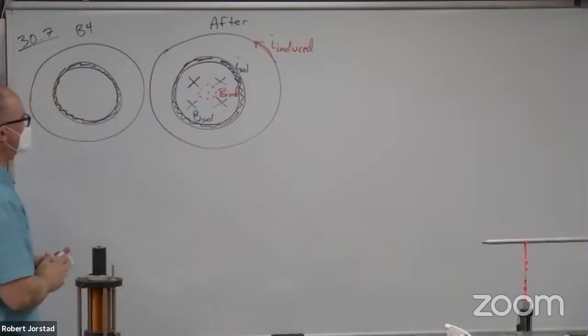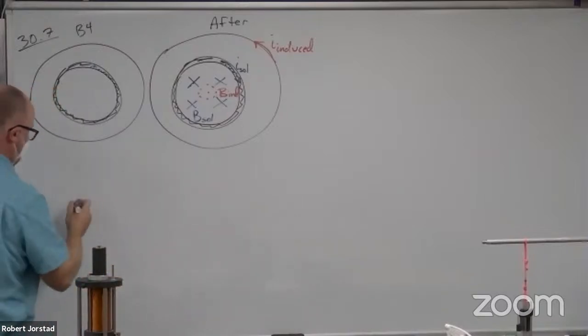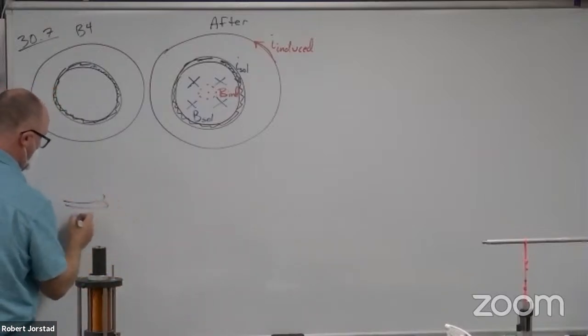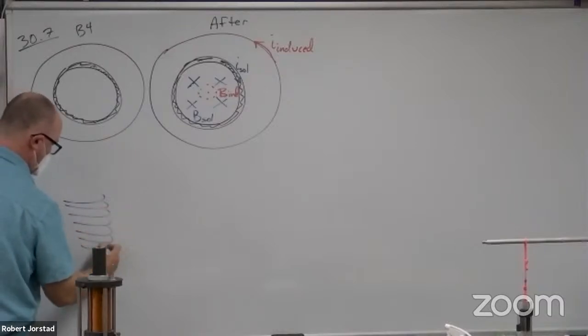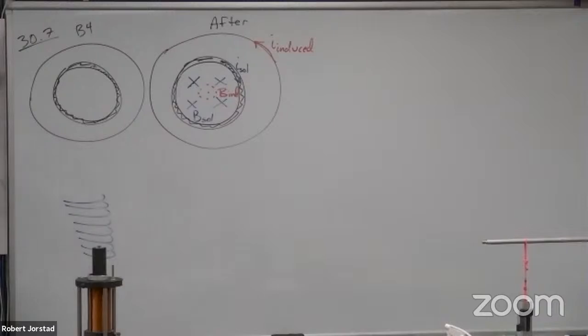All right. Now, if I drew this from a side view like this, from the side view, the current's flowing this way in the solenoid, and there's a B field up. That's the external B field. Then you have your ring here.